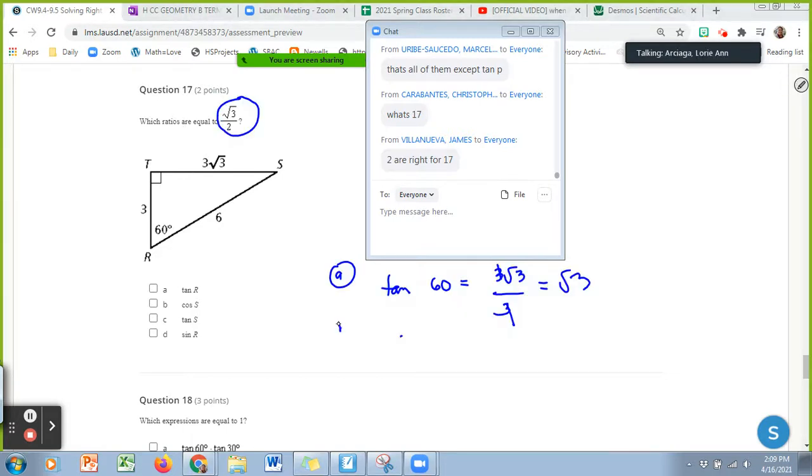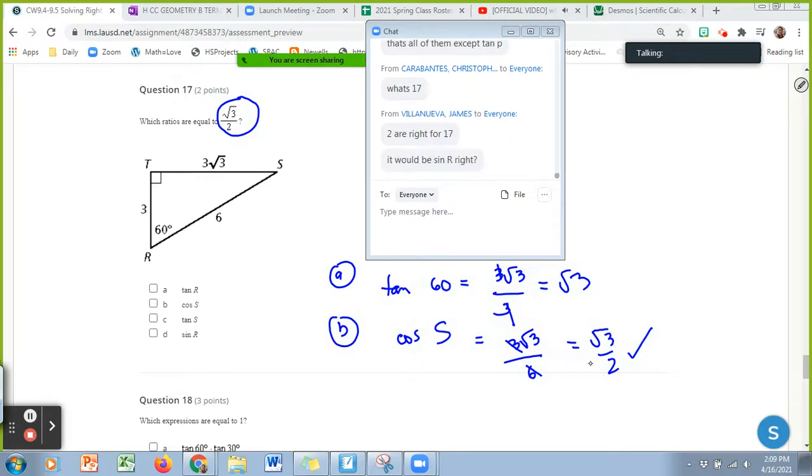So you have to check one by one. Cosine S is adjacent, which is 3 radical 3 over 6. Now this one is correct because you cancel this and that turns to 2. So you have to find another one that's going to end up radical 3 over 2.